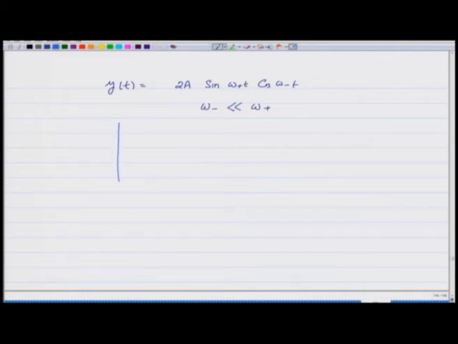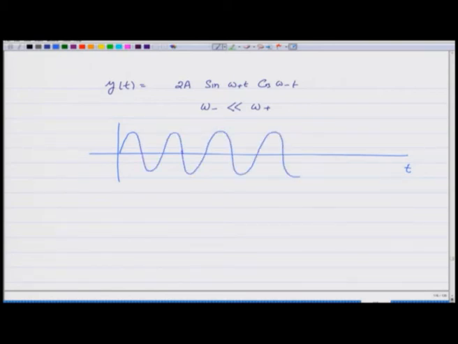So, if I were to plot it as a function of time, the first term, omega plus t, is a very high frequency. So, that is going to vary very fast. The time period T plus, which is 2 pi over omega plus, is much shorter than T minus, which is equal to 2 pi over omega minus.